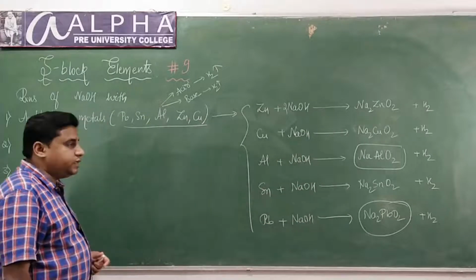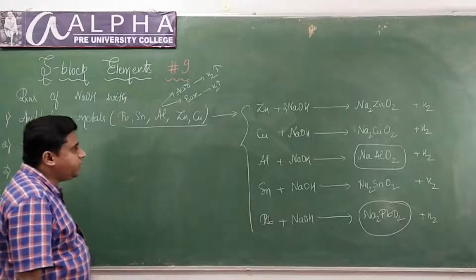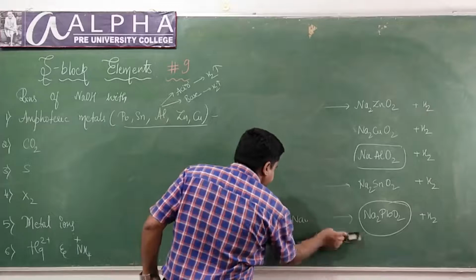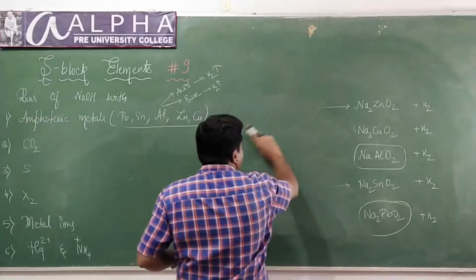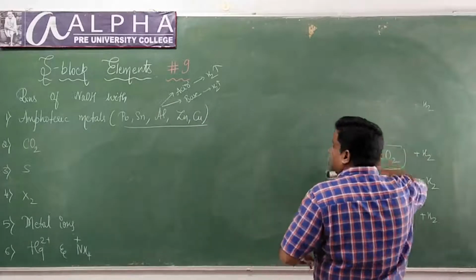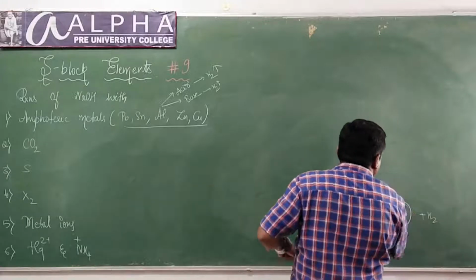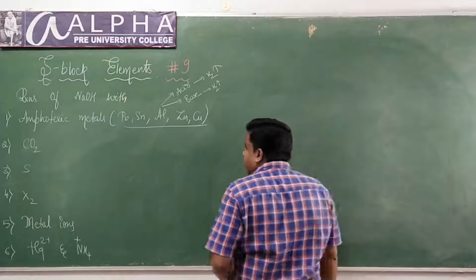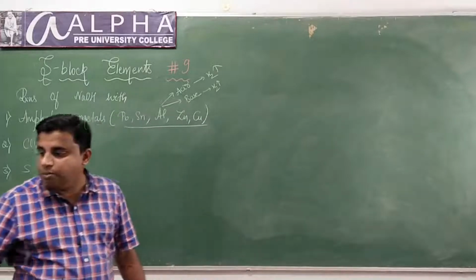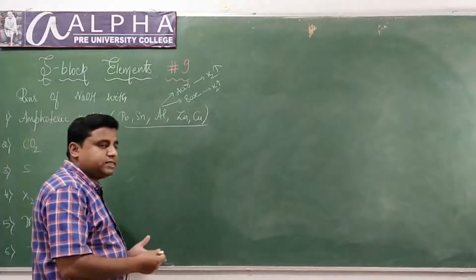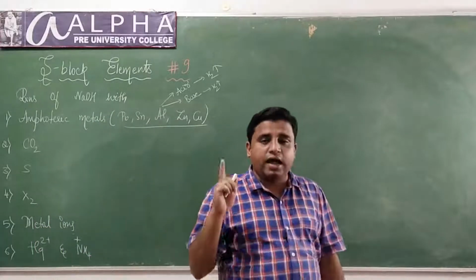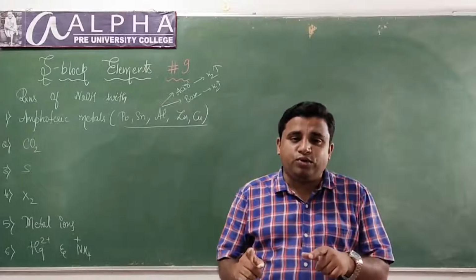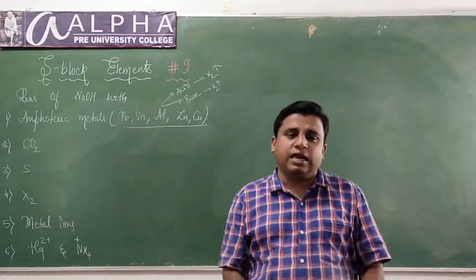Clear? Now next is a simple reaction. What happens when sodium hydroxide reacts with carbon dioxide? I have discussed this under the formation of carbonates of alkali metals and alkaline earth metals.